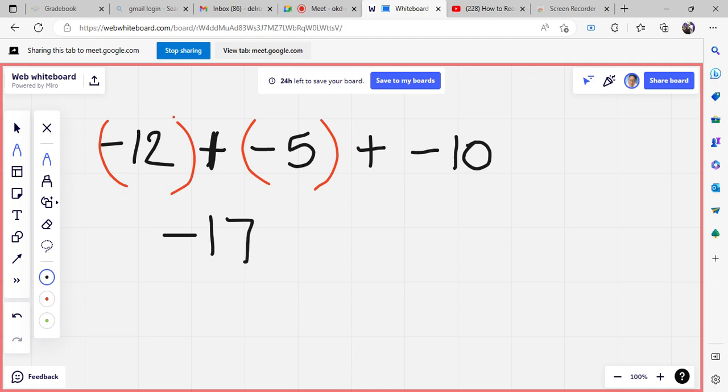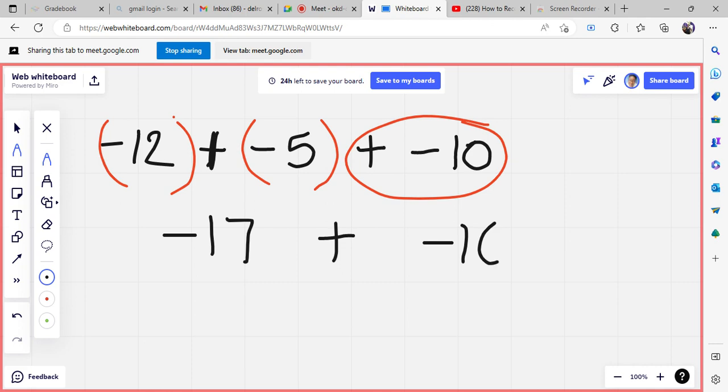And then let's take this now and bring it down here. So we have a plus another negative 10. Remember the rule? The rule says a negative plus another negative will give you a negative.